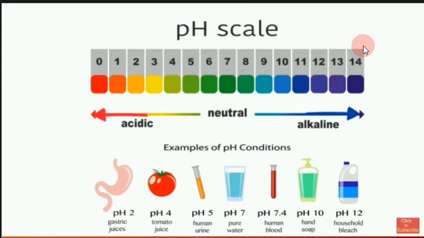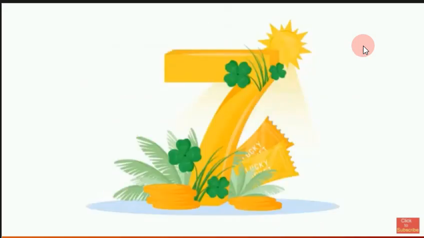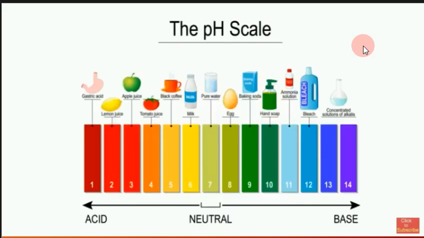But why 7? Because 7 is neutral. One of the first obstacles I had to overcome was remembering which number is neutral, which numbers are acids, and which are bases. So I use Lucky 7, or 7 is heaven on the pH scale, to remember that 7 is neutral. And then I know that any number below is an acid, anything above is a base.